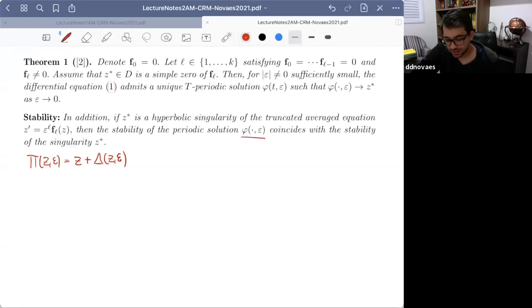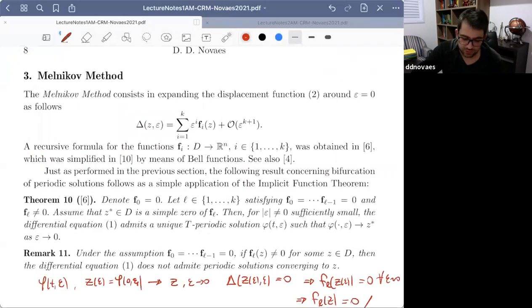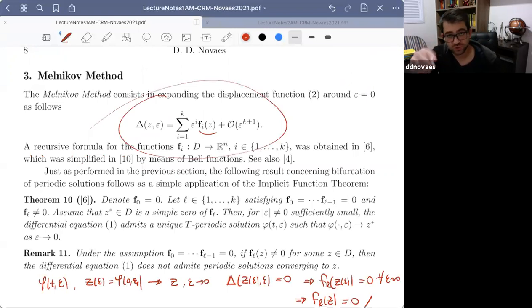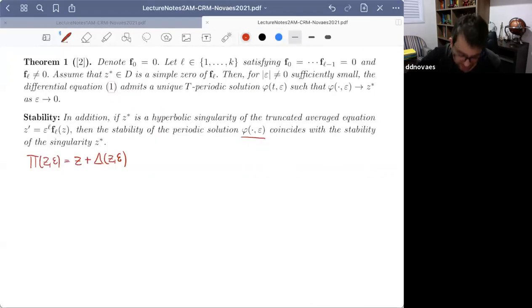Okay, and by the averaging method, we saw that the displacement function writes as a power series of epsilon, where the coefficient of epsilon to the power i is exactly the averaged function of order i, which we defined by this.